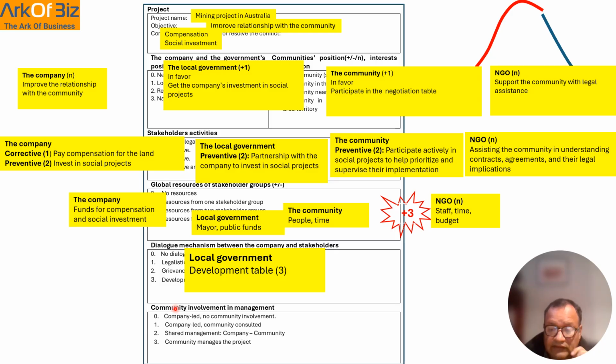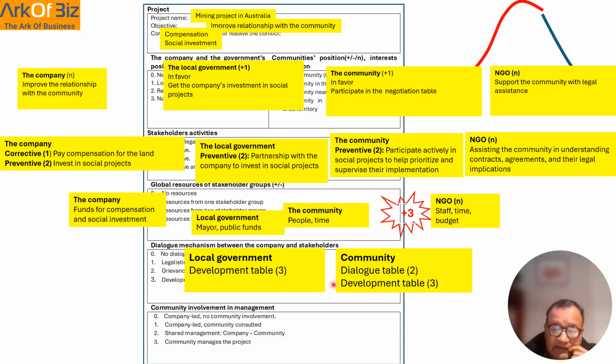In this case, the company invests in social projects in a development table with the local government. They interact in a development table with local government. It has a value of 3. Then we have the community.